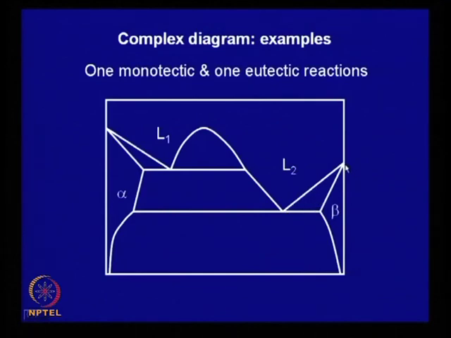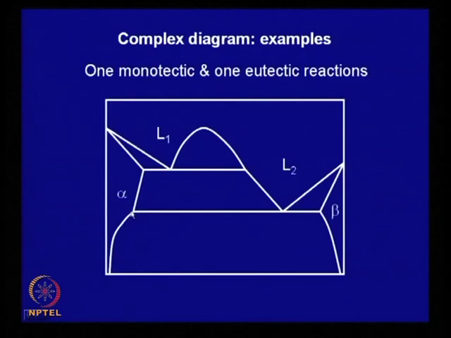Similarly, what is the solidus line? So, this part is solid, but here it is not solid. So, this is the solidus. Here this is the isotherm, and this is a solidus line.